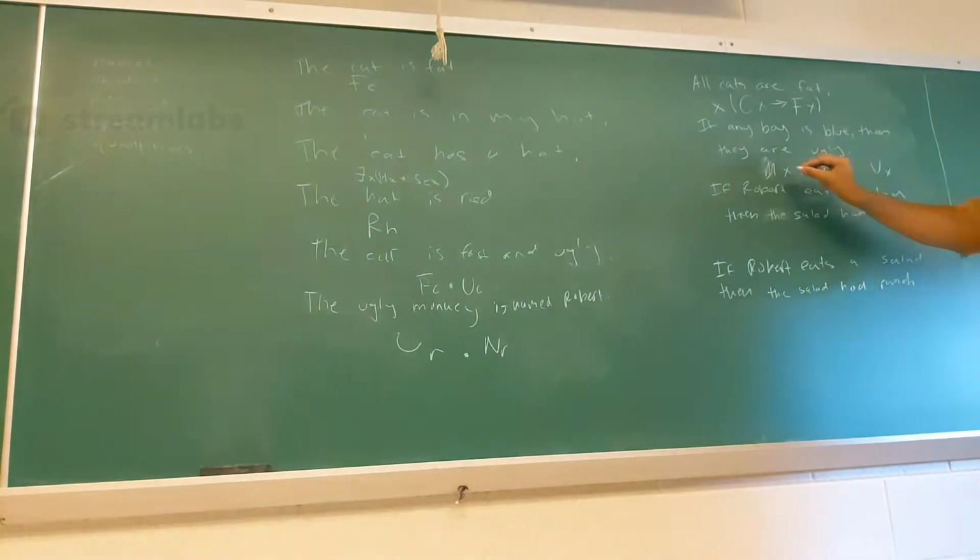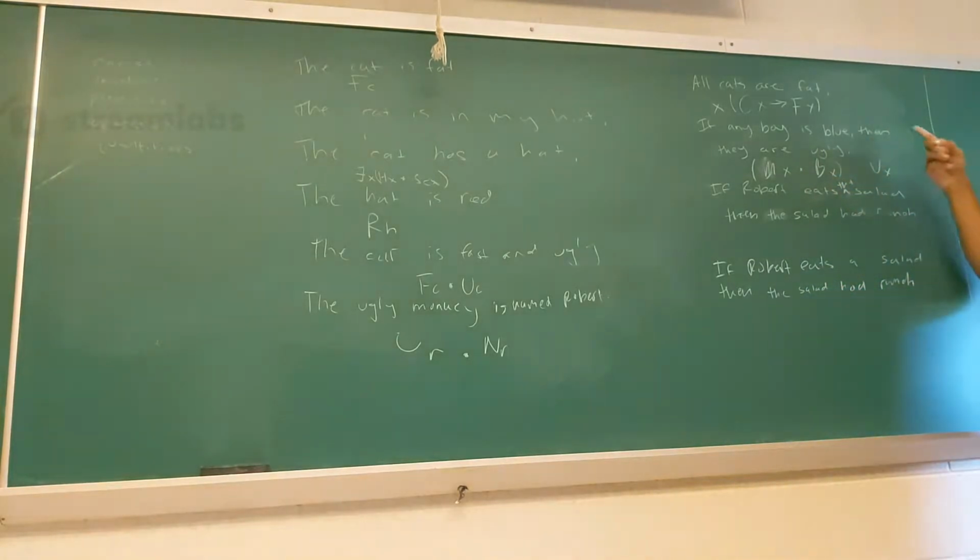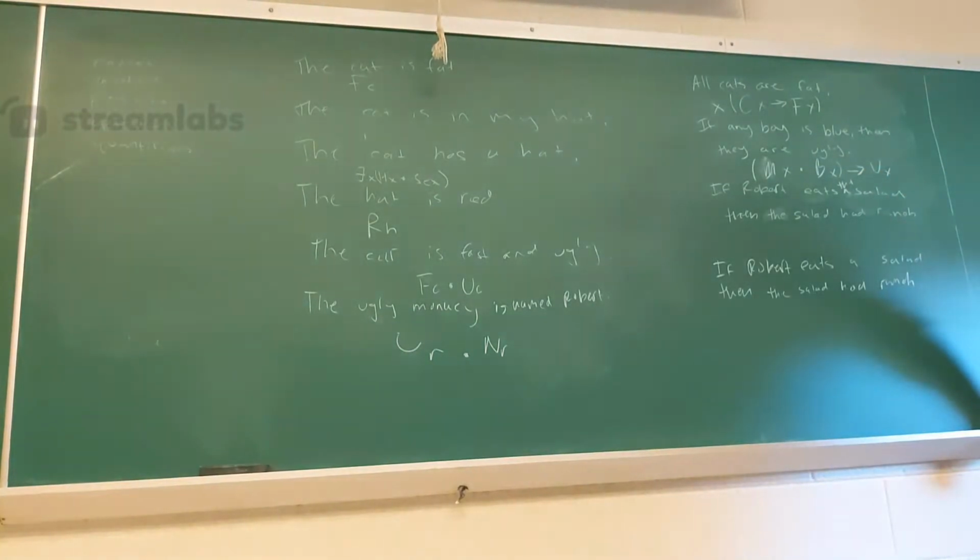The and, for the boy and blue. Good. If x is M and x is B, then x is U. Good.